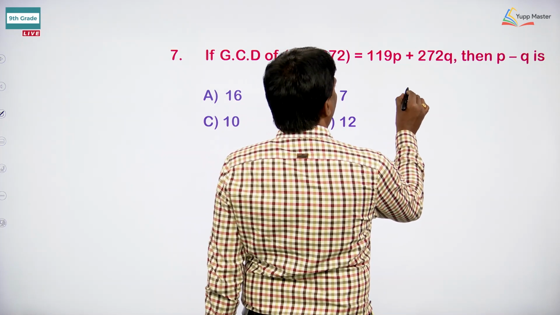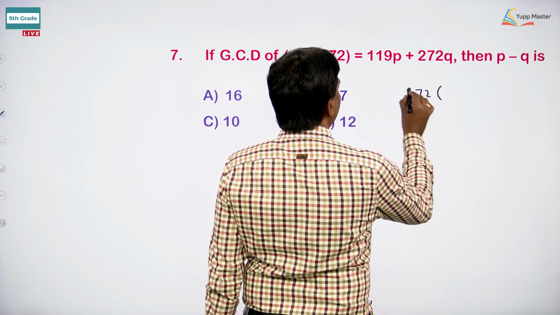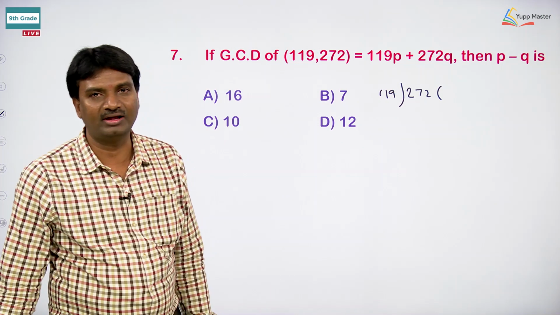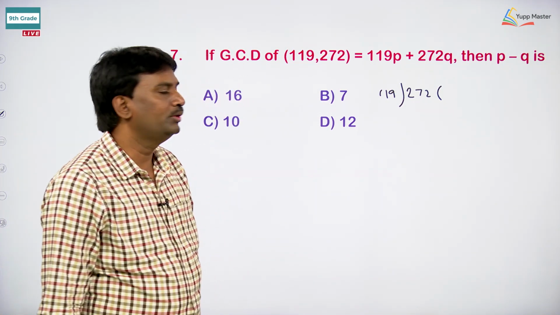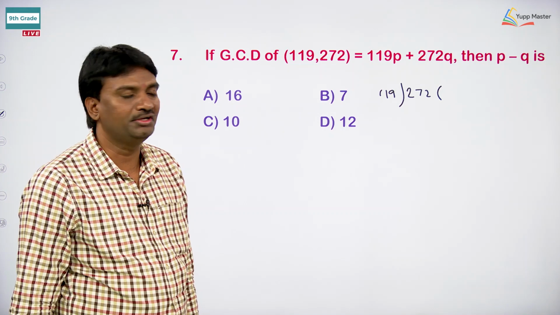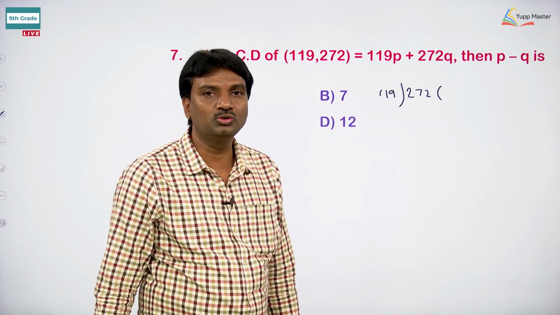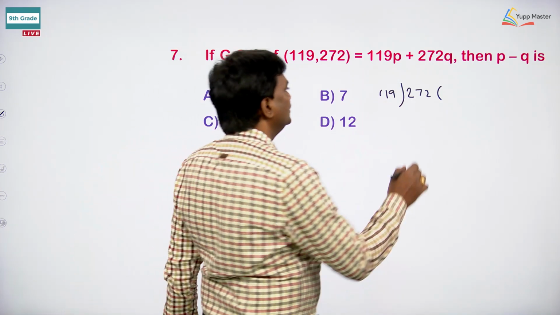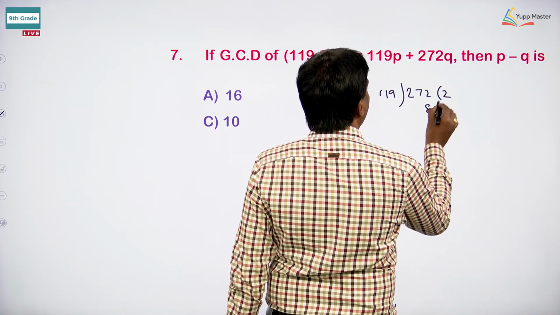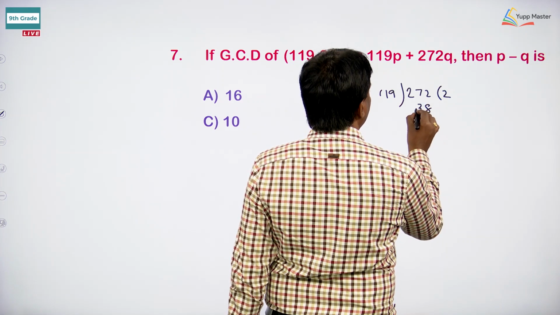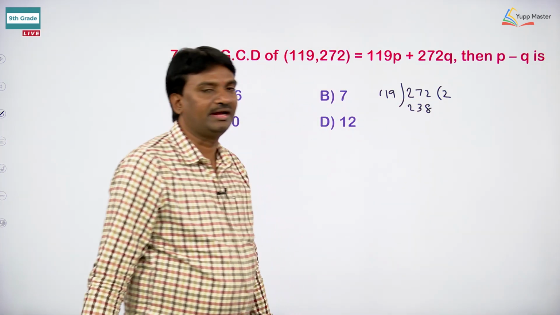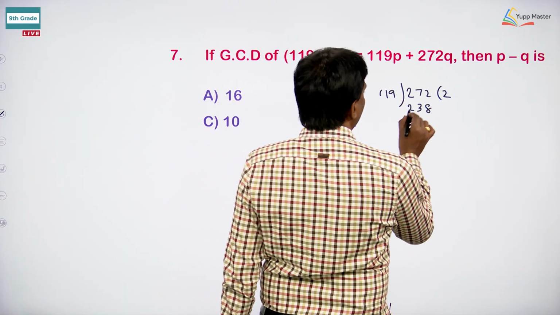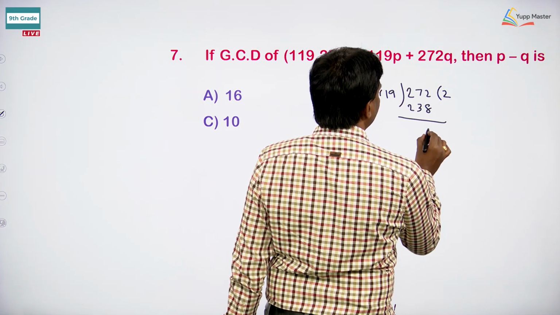So, dividing 272 by 119, if you take 2 times, 119 into 2 is 238. By subtracting, you get 34.